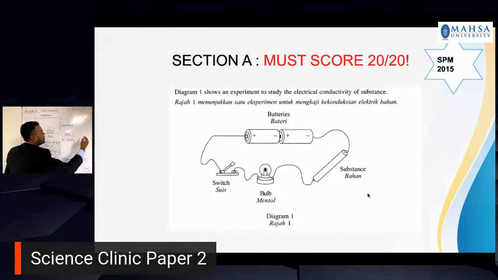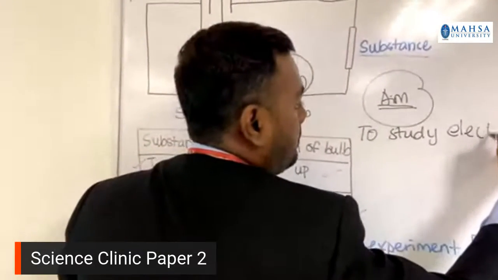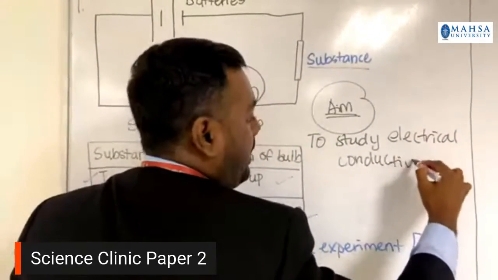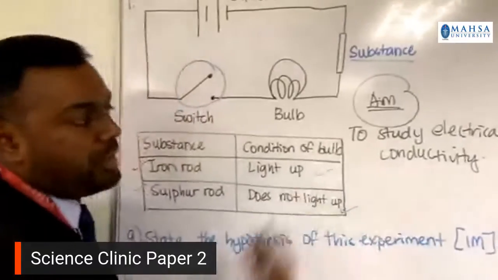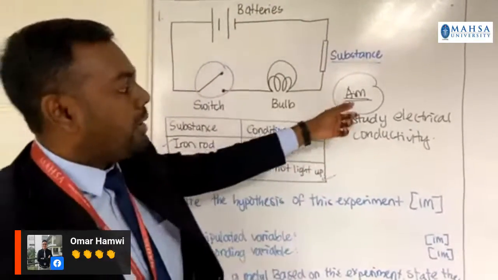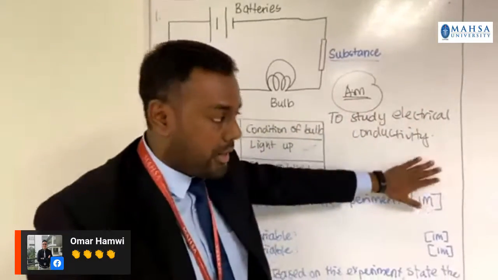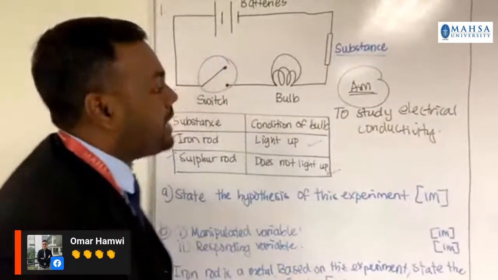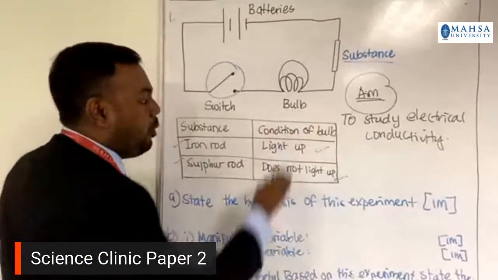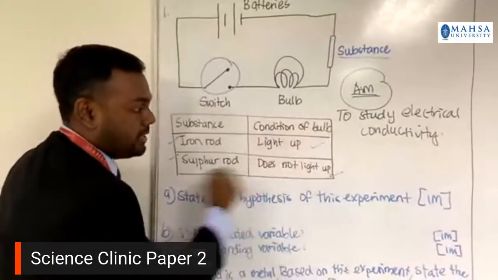So the answer is already given, so you just extract it and put it in your answer. So our aim today is to study the electrical conductivity. And how are we going to study it? By looking at the condition of the bulb, whether it lights up or does not light up.